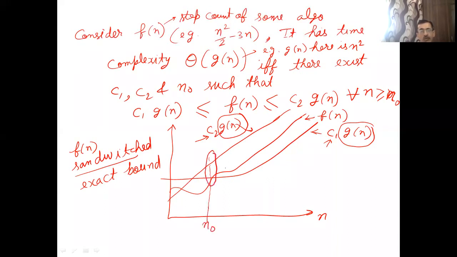From this point onwards, it is guaranteed that f(n) is less than or equal to C2 into g(n), and guaranteed greater than or equal to C1 into g(n). So this is my f(n), and it will always behave like this from this point onwards.